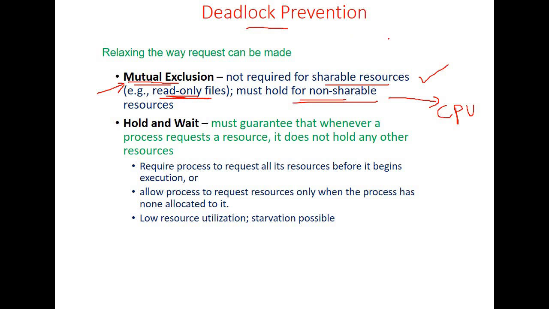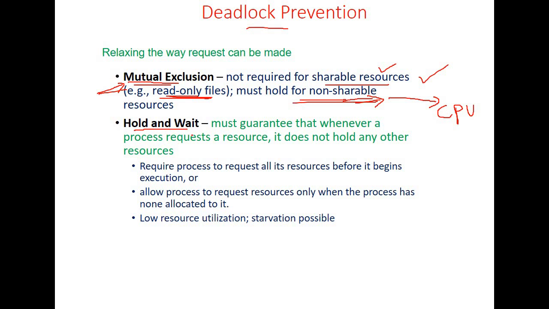If there is a shareable resource, we can directly assign it to the requesting process without the need to check whether it is in use by another process or not. Because they are shareable, we can directly assign them without the need to check. But if it is a non-shareable resource, only if it is free can we allocate it. Otherwise, the process is made to wait. That is the relaxation given for shareable resources in mutual exclusion.